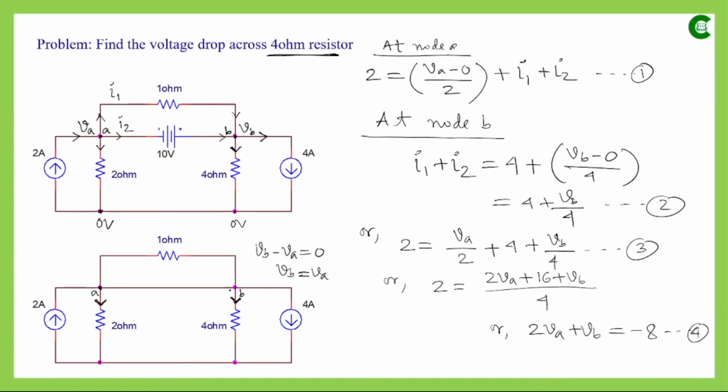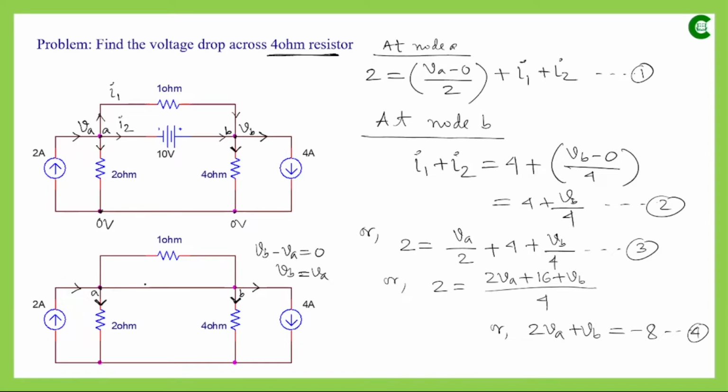So with respect to this node B, the current was leaving through this 4 ohm resistor, and the direction of this current source is already given, that is again leaving with respect to this node. This is incoming. Now what we will do is we will think of these two nodes as a bigger node, and at that node we'll apply KCL.